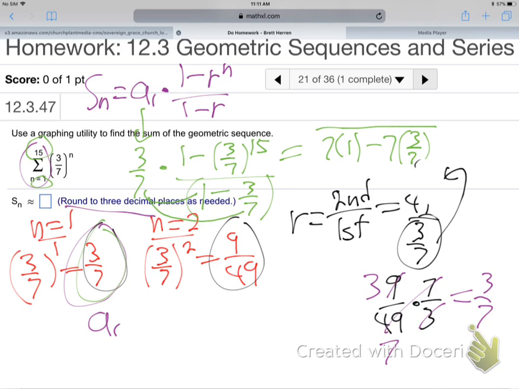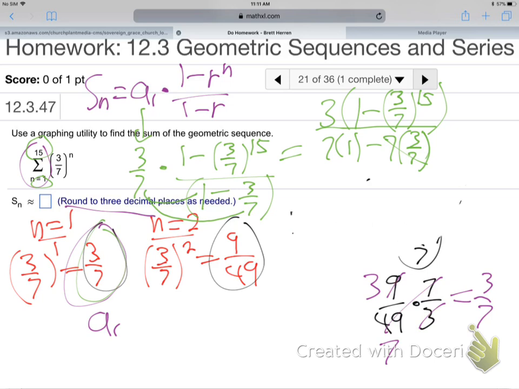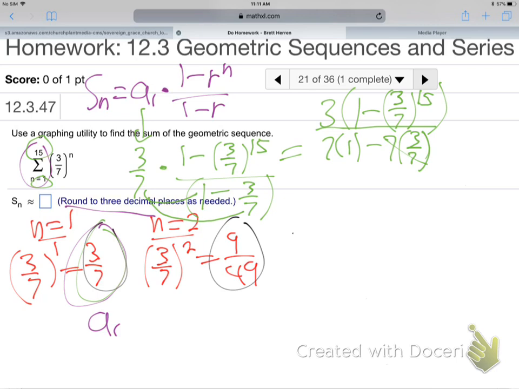Everybody with me there? And the top is 3 times 1 minus 3/7 to the 15th. Good, and these cancel. You guys tracking with what I did? You always want to simplify these by letting the denominators multiply. So the bottom is now 7 minus 3.